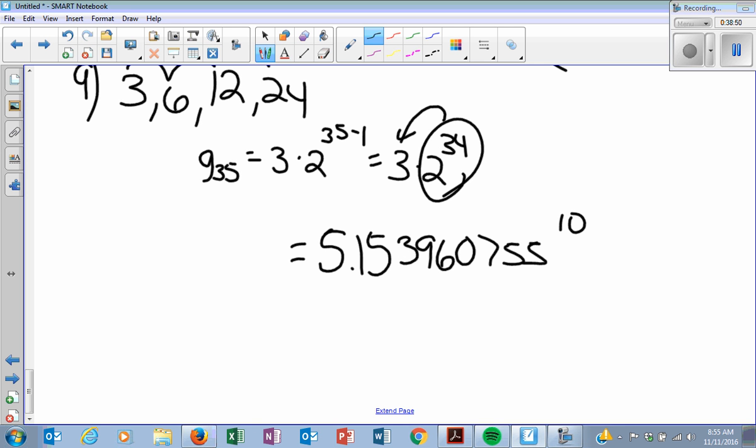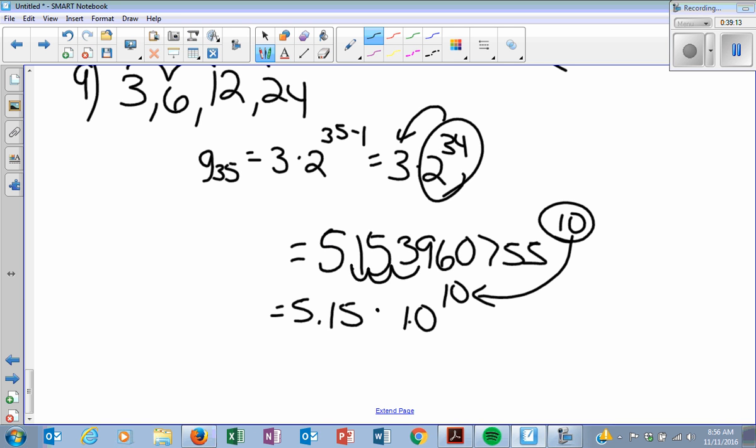What that means is it's turned it into scientific notation. And remember, scientific notation means 5.15 times 10 to the 10th power. This is the 10 right here that's coming there. So if that was a 9, I would put times 10 to the 9th power. So this is scientific notation. What that means is you're just moving this decimal 10 times.